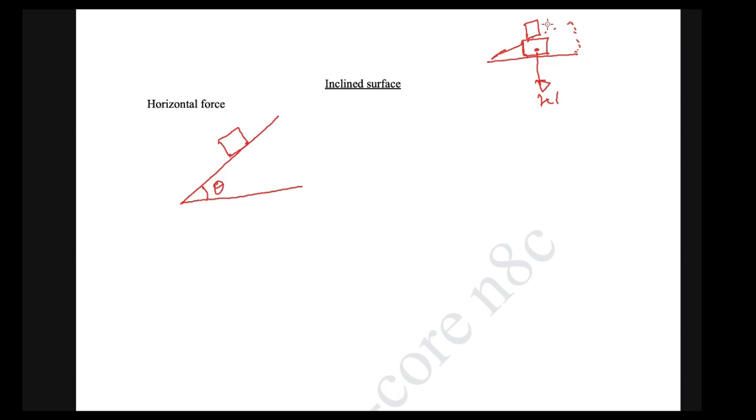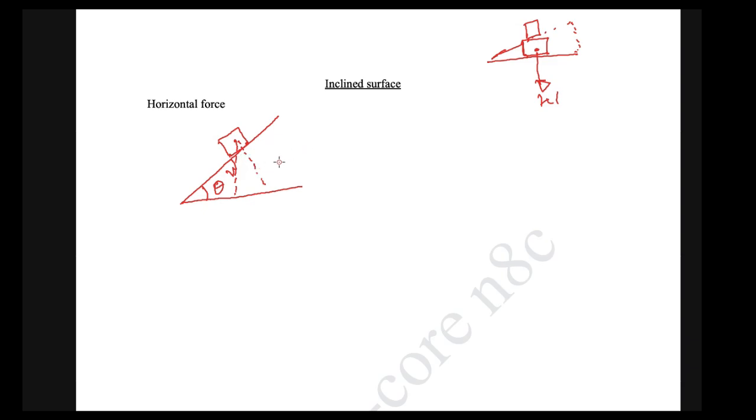It's going to tilt by the angle by which you raise the surface. So the weight of this object, when it's placed on an inclined surface, is not going to act vertically downward, but it's going to act at an angle to the vertical. So this right here is going to be the weight of the object.